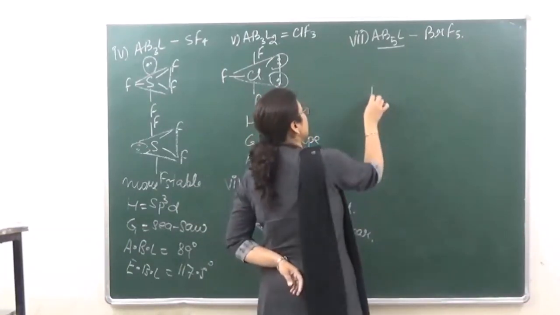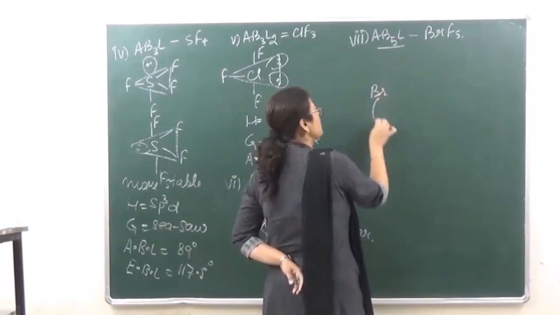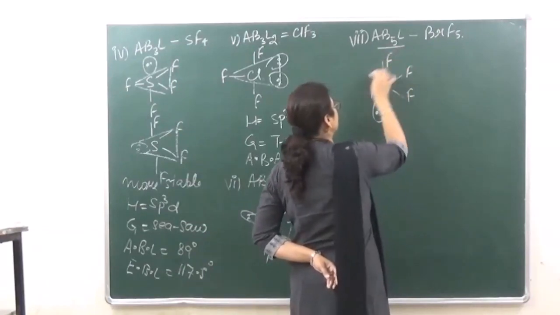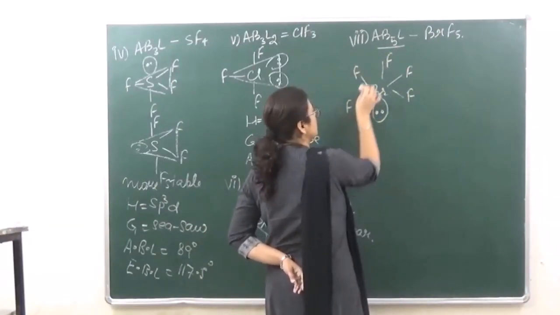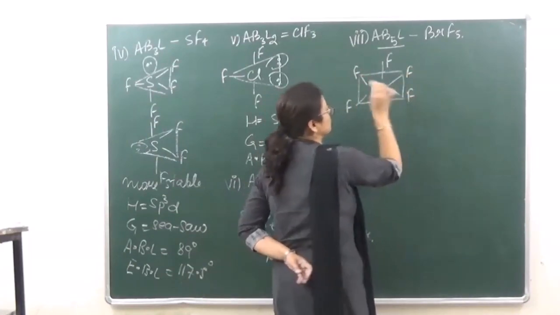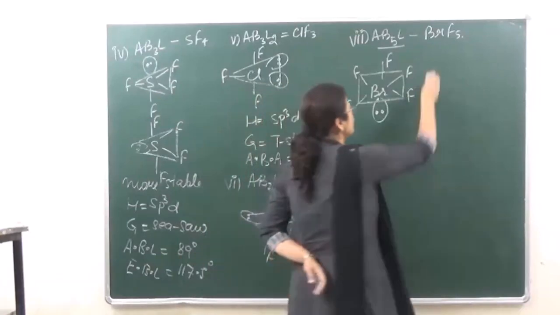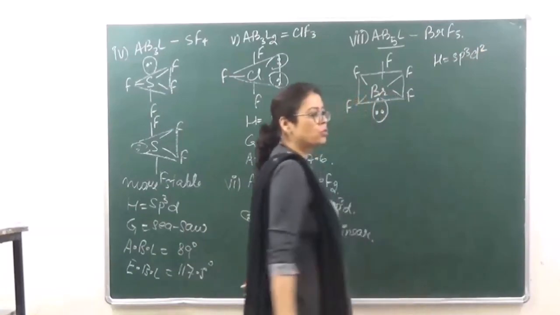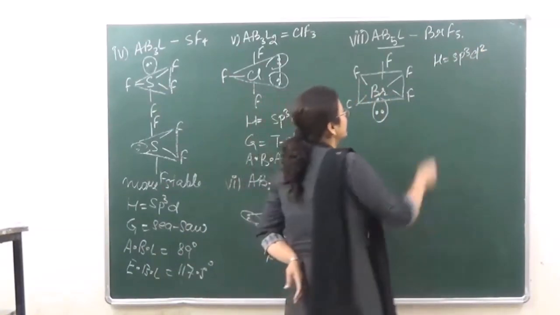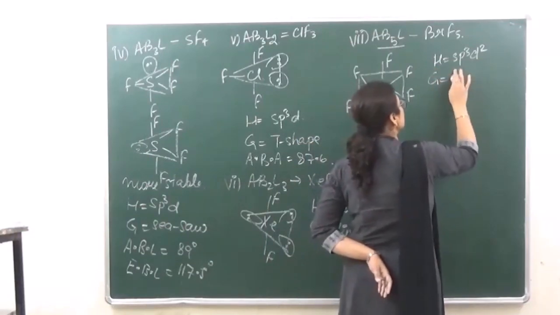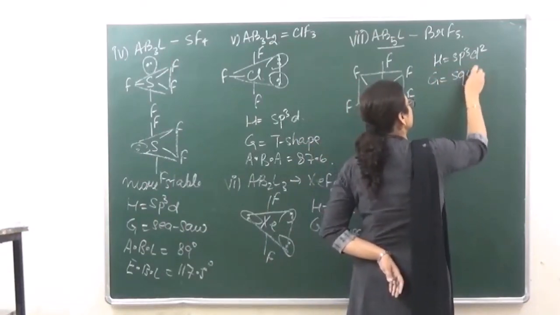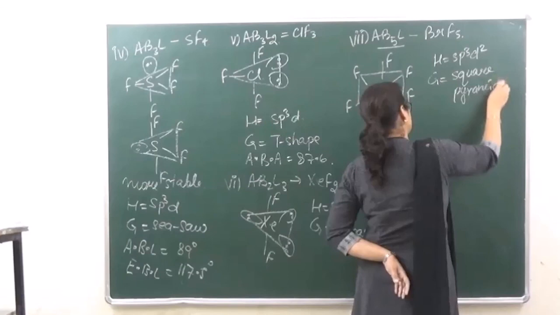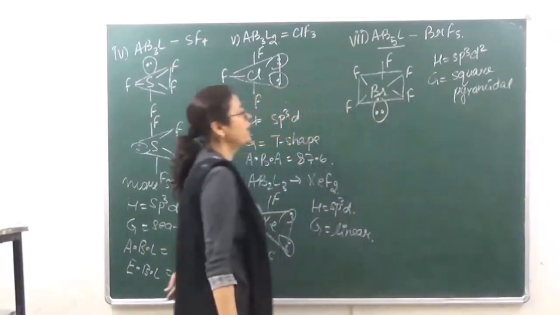So over here we have bromine in the center, and the lone pair. Hybridization is sp3d2, and the geometry is square pyramidal.